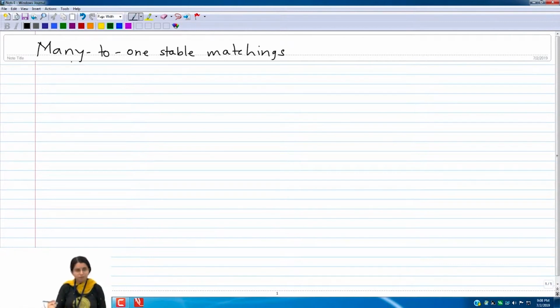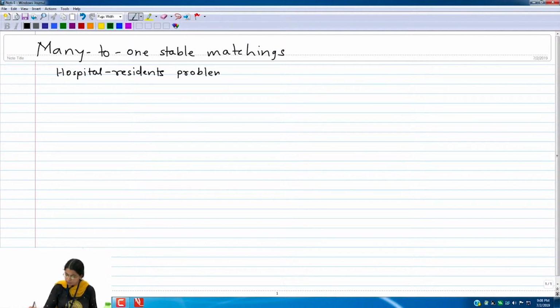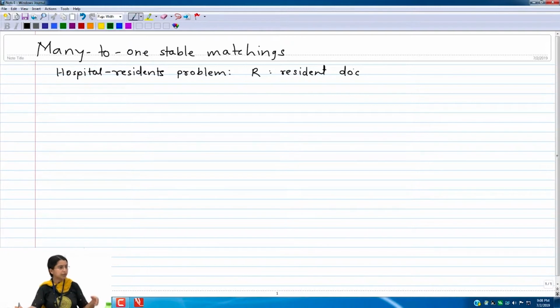We will not see this in terms of college admissions, but we will call it the hospital residents problem. We will assume that the residents are resident doctors. These are the people who typically finish their MBBS coursework and want to get an internship in some hospital. And H is the set of hospitals.